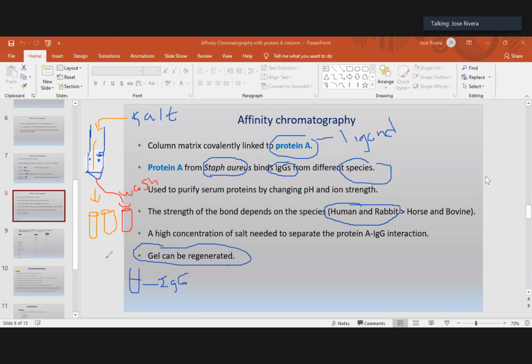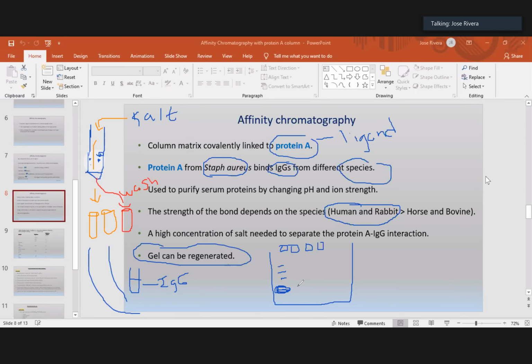And then you take all these samples, 1, 2, 3, 4, 5, and you run an SDS gel, and you put all your samples in the gel. Let's say the first one just has the flow through. You're going to have a lot of albumin here at the bottom, and then you're going to have all the other proteins too.